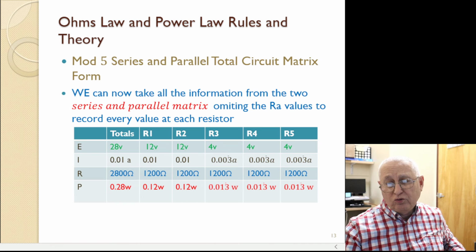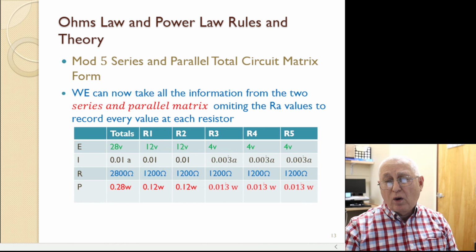Our totals: 28 volts, 0.01 amps, 2800 ohms, and 0.28 watts. At R1, we have 12 volts, 0.01 amps, 1200 ohms, 0.12 watts, and essentially all the resistors are still 1200 ohms. We don't change them because resistance doesn't change.